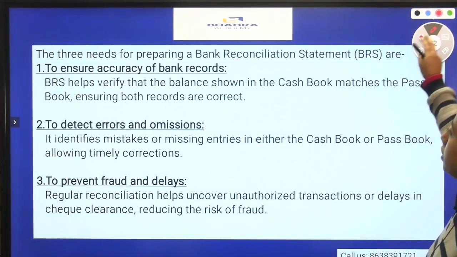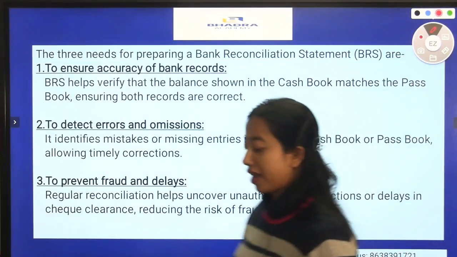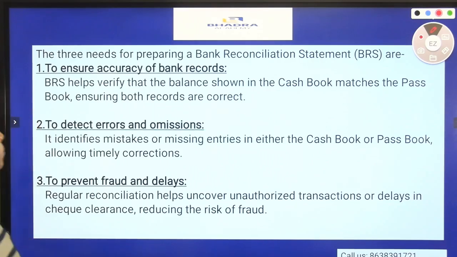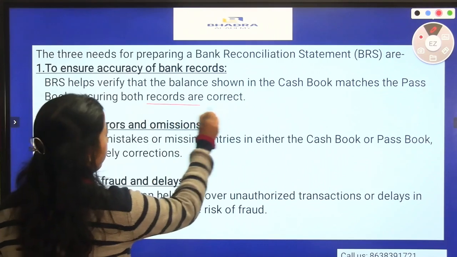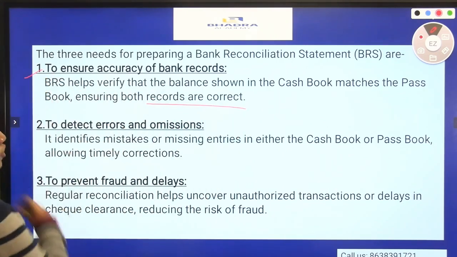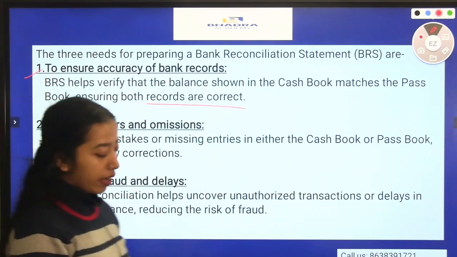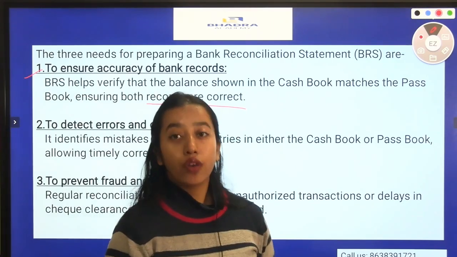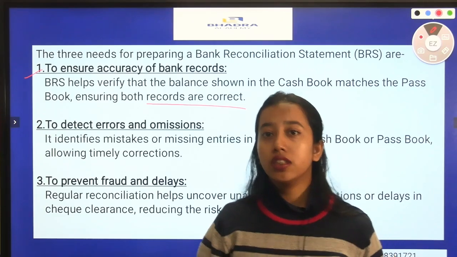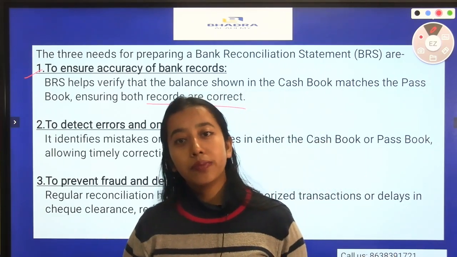The first need here is to ensure accuracy of bank records. BRS helps verify that the balance shown in the cash book matches the passbook, ensuring both records are correct. As I said, it is prepared to reconcile. I have also mentioned the reasons why there are mismatches in the balances. So why is it prepared?